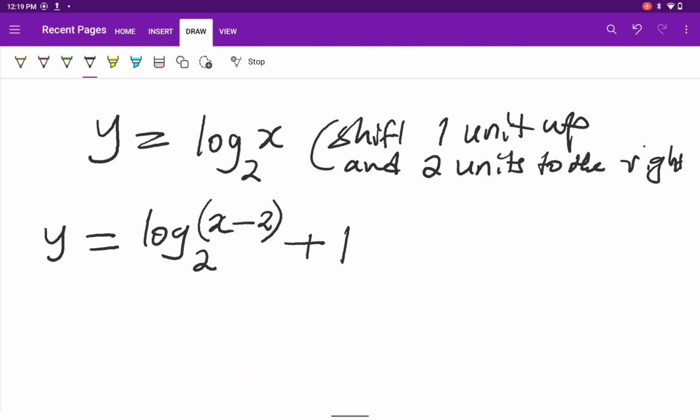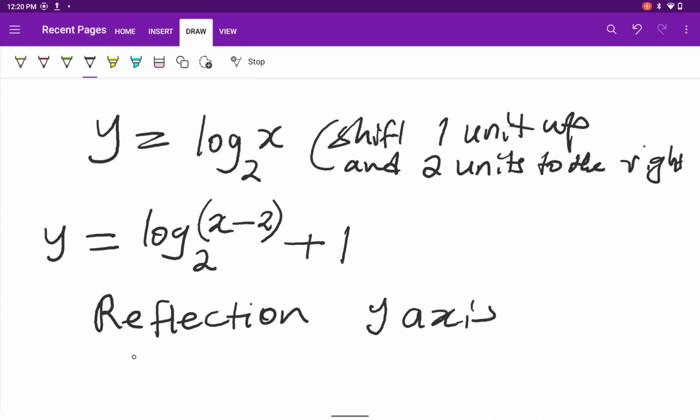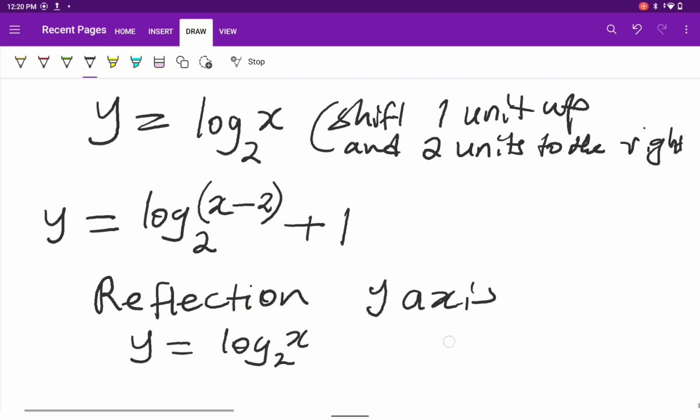Right, so let's do reflection. Let's look at our three reflections, starting with the reflection along the y-axis. Let's take the graph y equals log x base 2 and reflect along the y-axis.